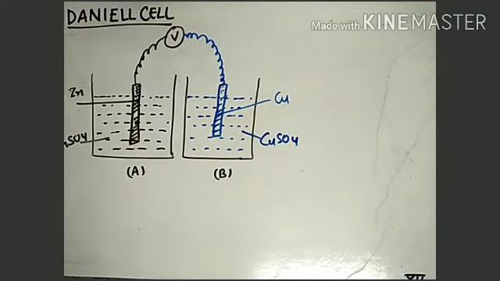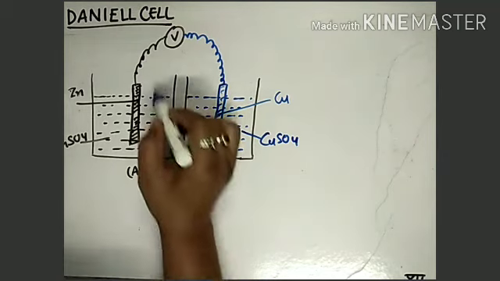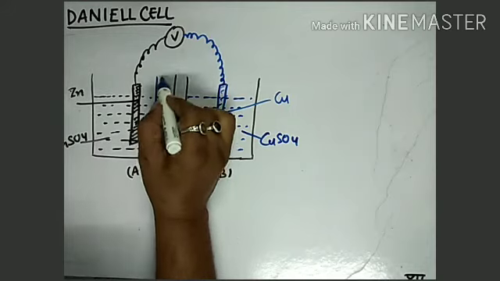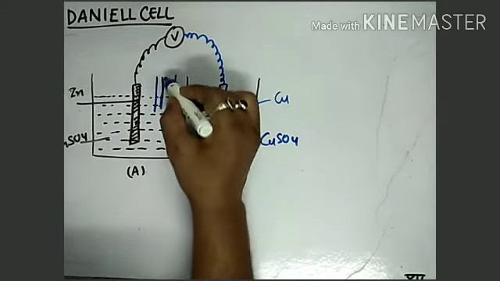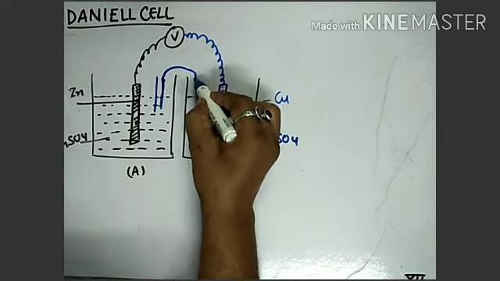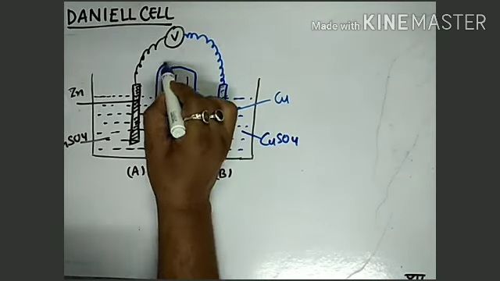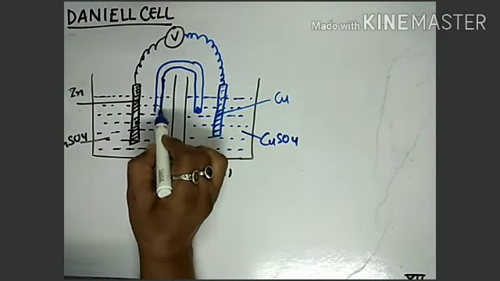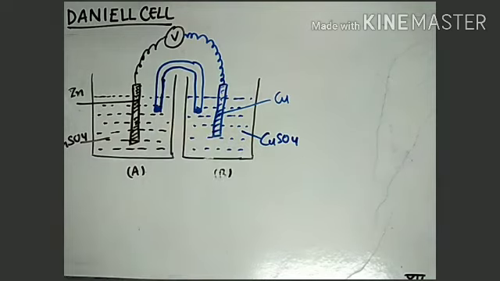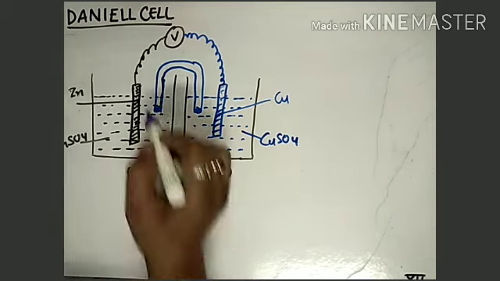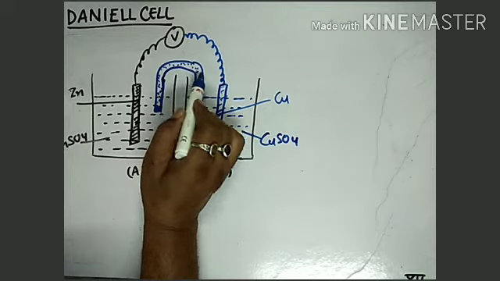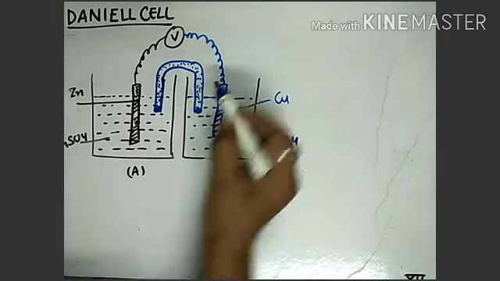So these are the two chambers. There is one more thing which is very important, which is called a salt bridge. You see the hard glass U-tube I'm showing here like this. Both ends are filled with cotton gauze, and in this U-tube we have the electrolytic solution of potassium chloride.